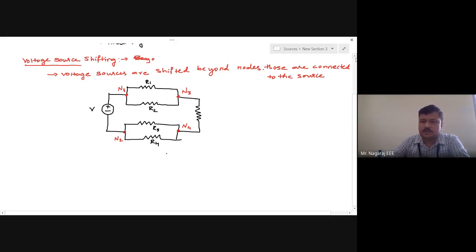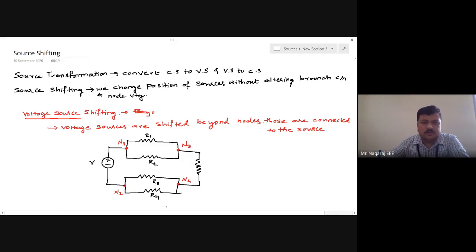We change the position of the sources without altering the branch currents and node voltages, or particularly the potential of an element connected to that node.